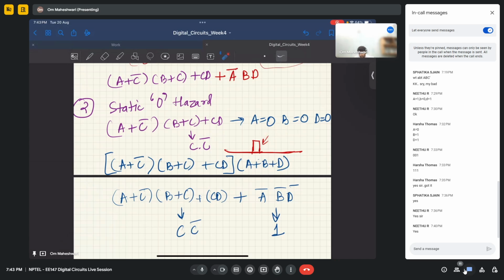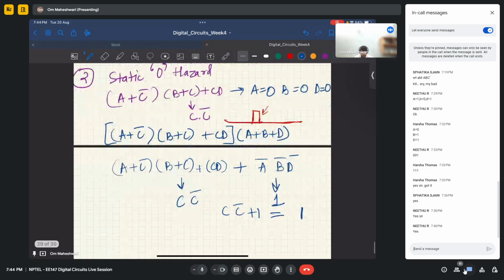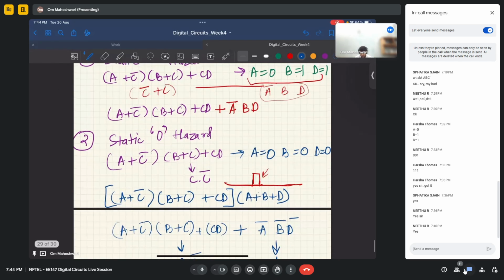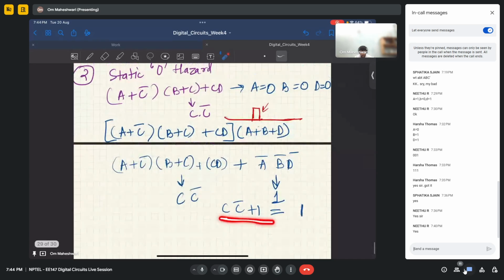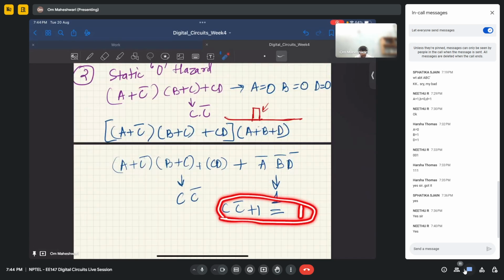So effectively you have C C bar plus 1 equals 1, but you are trying to eliminate static 0 hazard, right? Your answer should have been 0, not 1. But this is giving you a 1 again. So this will not remove it. We need to do something to make this term 0. So we need to multiply it with zero.